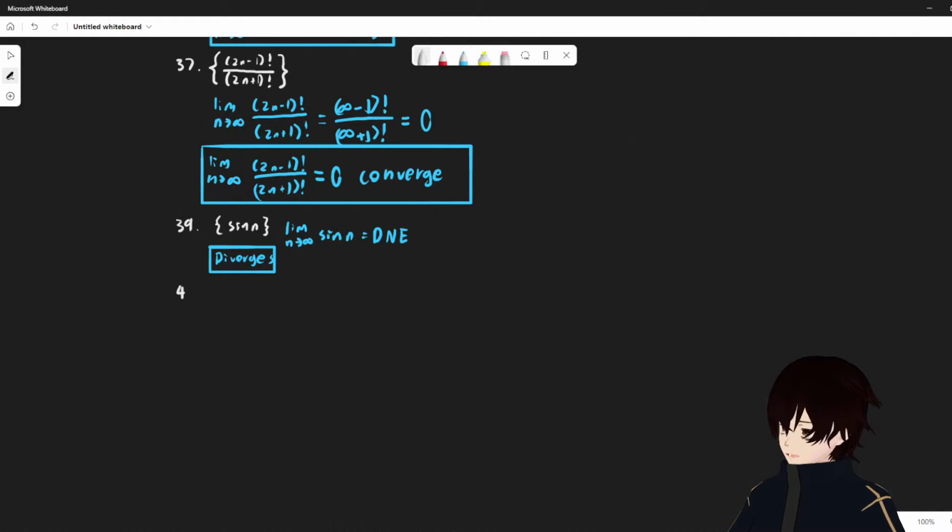In that case, next up's 41. 41 says we got the sequence defined by n squared times e to the power of negative n.